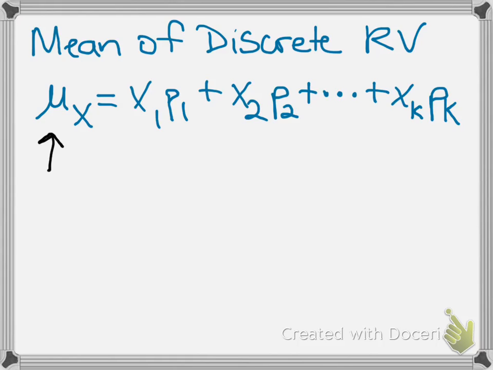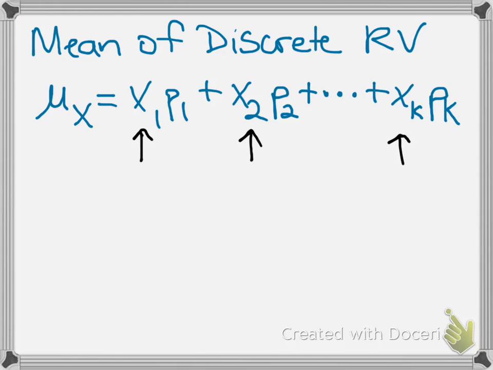So in this case, if we want to calculate mu of x, the mean of some discrete random variable, all we do is we take each of the possible outcomes in our random variable x. So here we've labeled those x sub 1, x sub 2, going all the way up to x sub k.